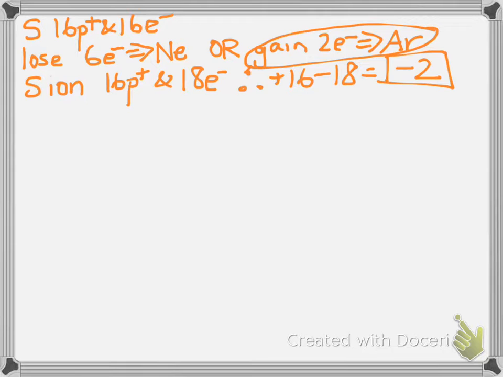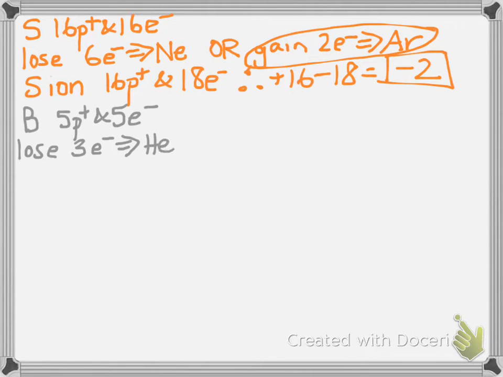After sulfur, we have boron. Boron as an atom has 5 protons and 5 electrons. So boron can either lose 3 electrons to be like helium, or boron can gain 5 electrons to be like neon.